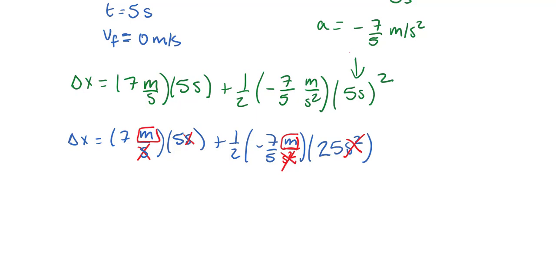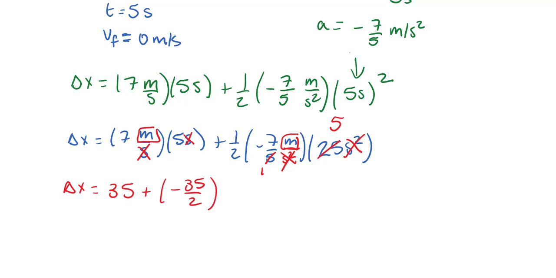So let's go ahead and now just multiply everything out. 7 times 5 is 35, plus, then negative 7 times 5 is negative 35, over 2, which is negative 17.5.